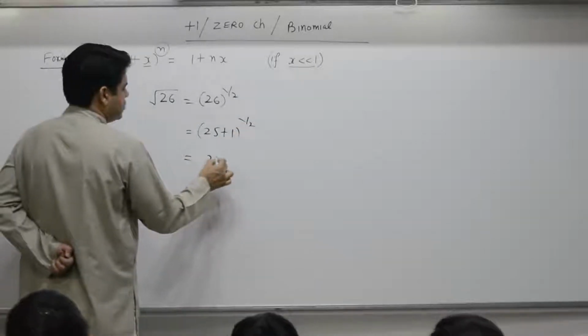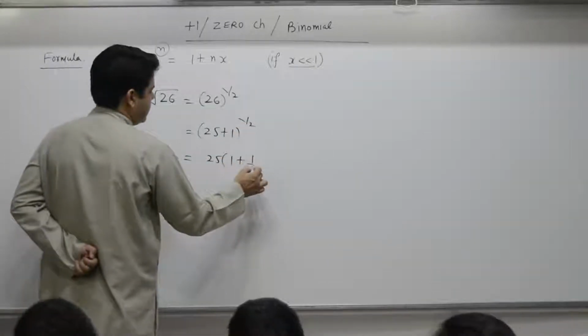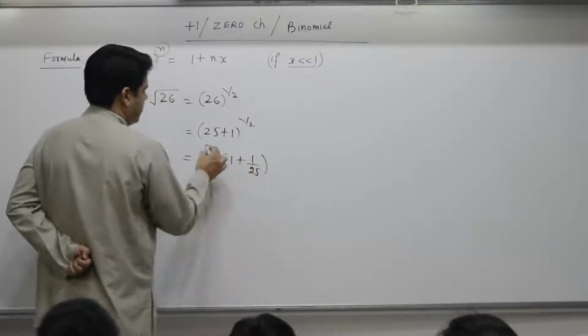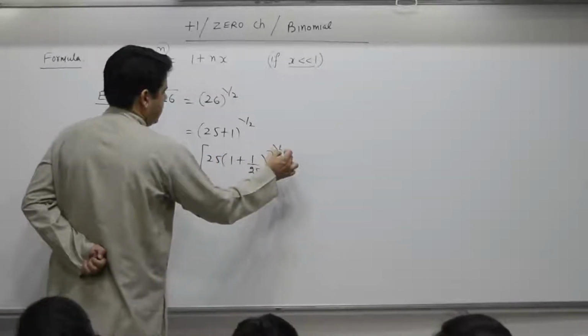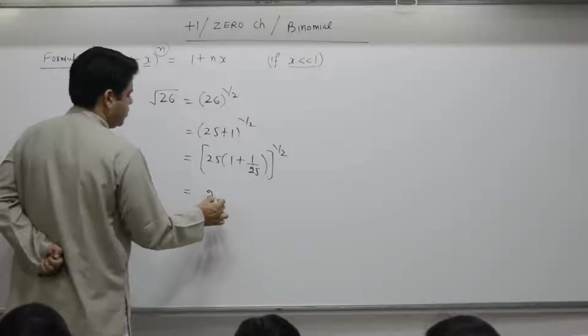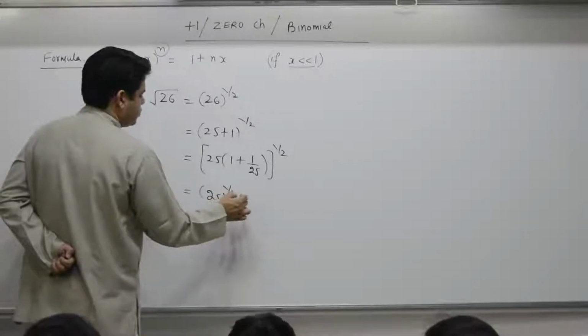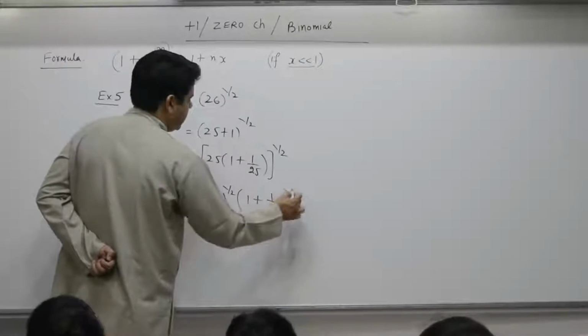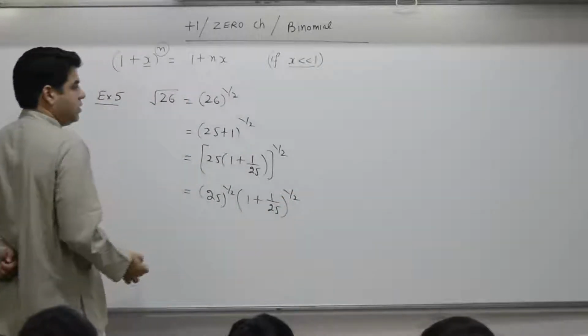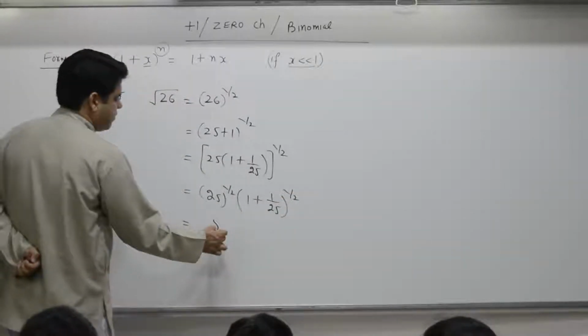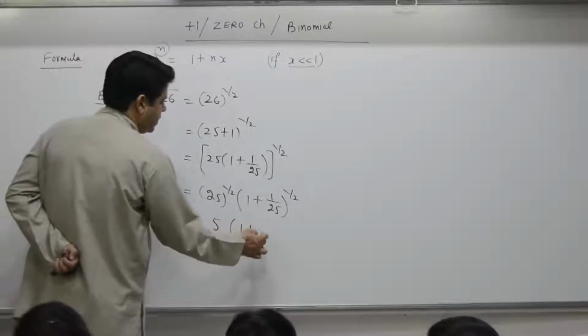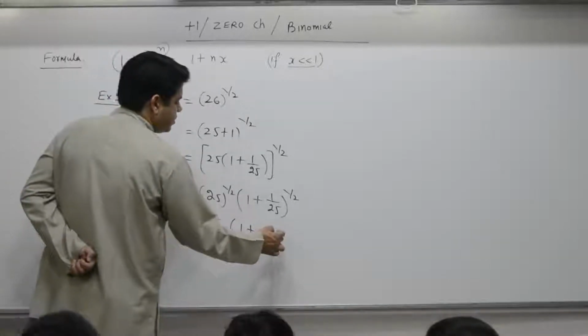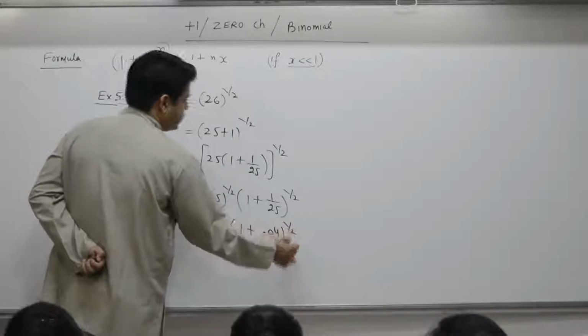Can be written as 25 into 1 plus 1 by 25 power 1 by 2, equal to 25 power 1 by 2 into 1 plus 1 by 25 power 1 by 2. 25 power 1 by 2 is what? 5. 1 plus 0.04 power 1 by 2.